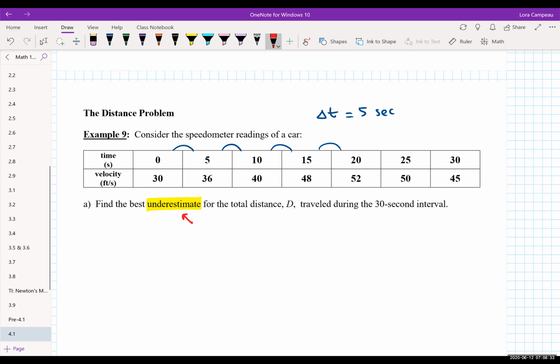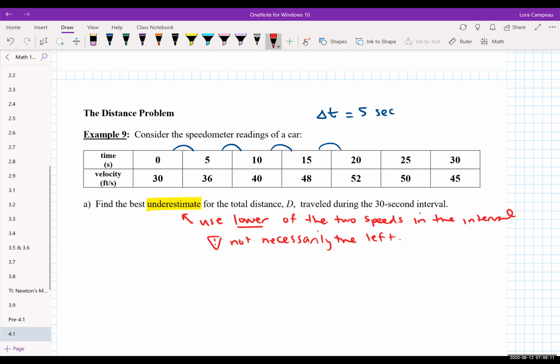When everything's on an XY coordinate system, yes, the left X value is always smaller than the right X value. But underestimate really means we're using the lower of the two speeds in the interval. That's not just the one on the left. So not necessarily the left.